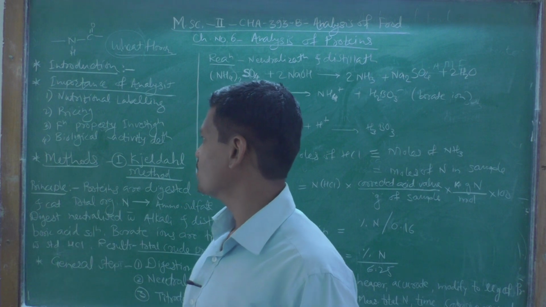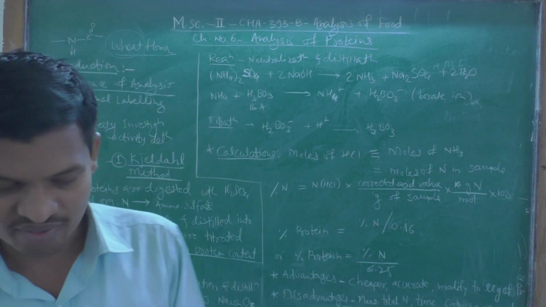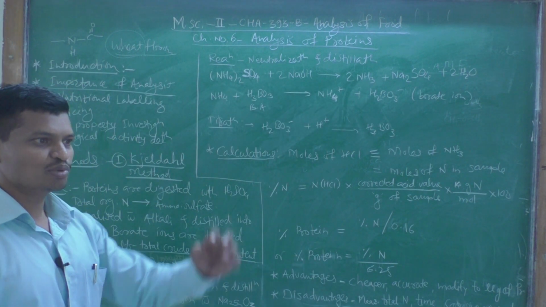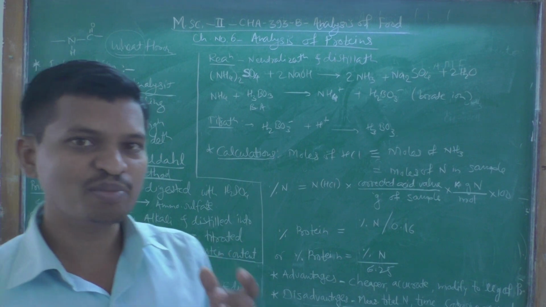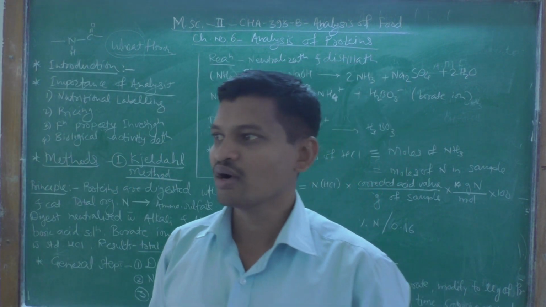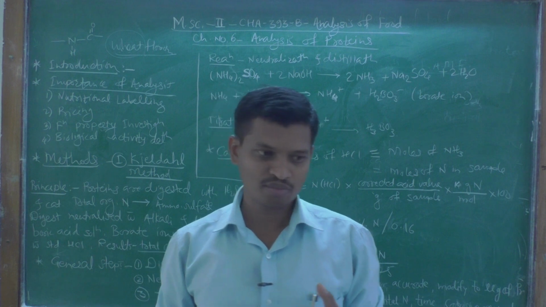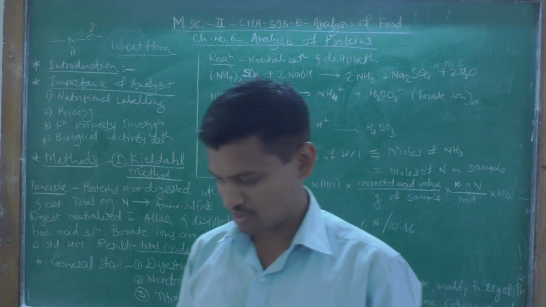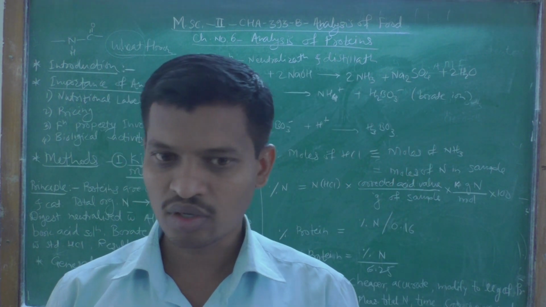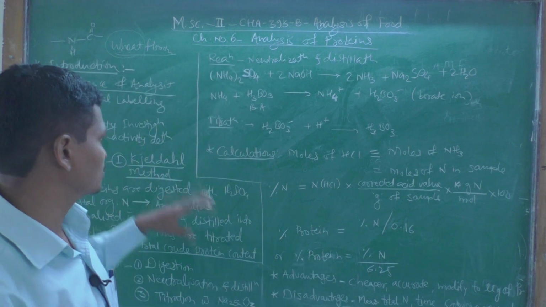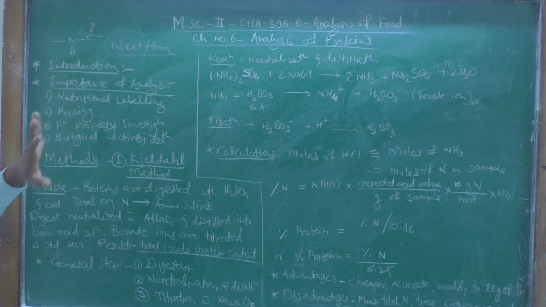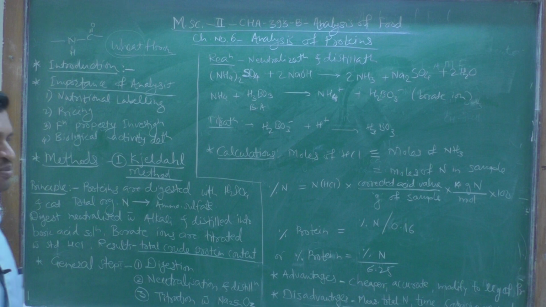And the fourth one is biological activity determination. Some proteins have specific biological activity in the metabolism of living organisms. So these are the main important aspects of the analysis of proteins.